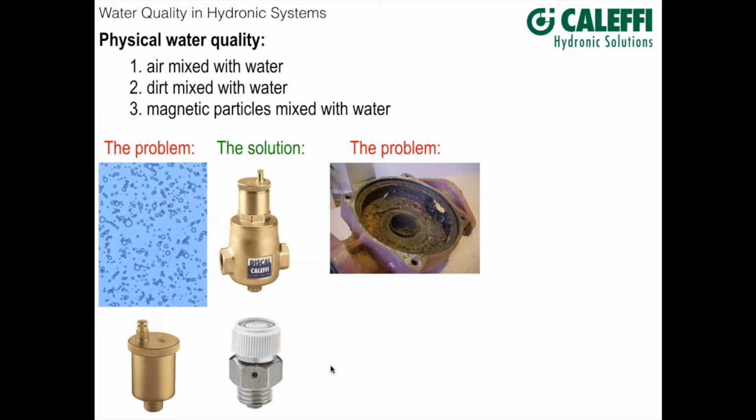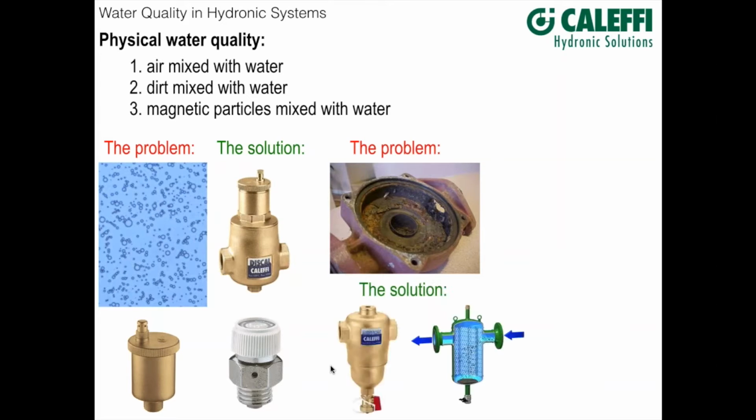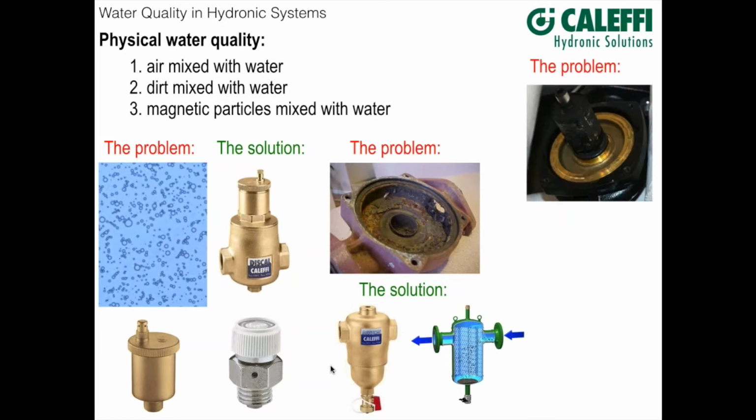And of course, another problem is dirt. Again, there are solutions available to clean dirt down to about a 5-micron particle size in both residential and commercial systems. The other problem we talked about was magnetic particles, and these are primarily oxides of iron.